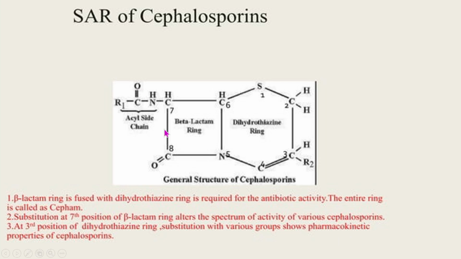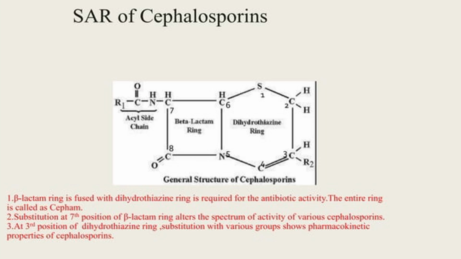That means anything we substitute at carbon number 7 alters the spectrum of activity, and anything we substitute at carbon number 3 alters the pharmacokinetic properties of the cephalosporin derivatives. And what are the pharmacokinetic parameters?